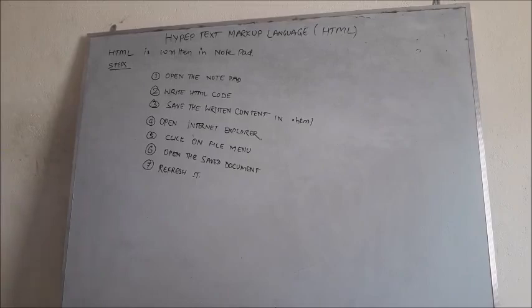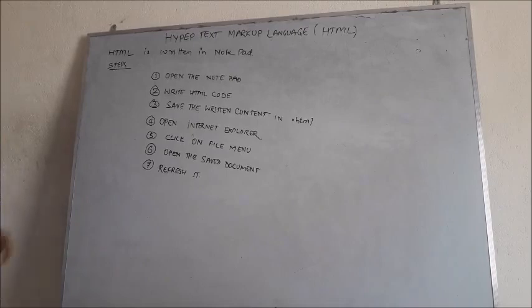So the first thing, HTML is always written in Notepad, right? The Windows operating system gives you the privilege, or Notepad is given to you, so in Notepad only you can write this HTML code.